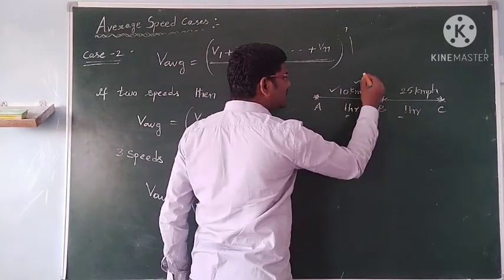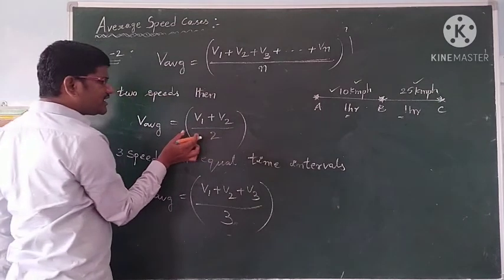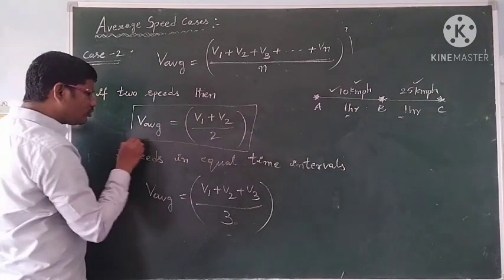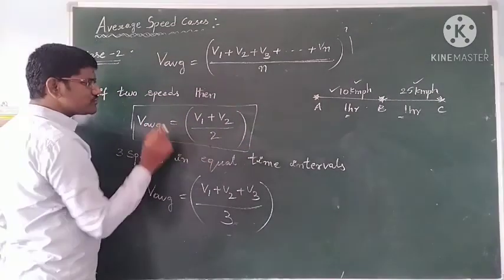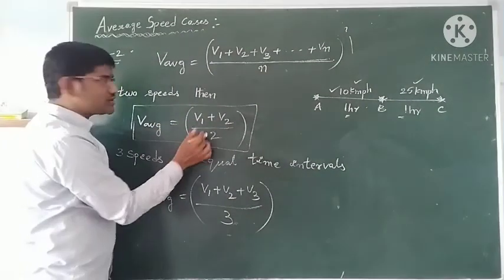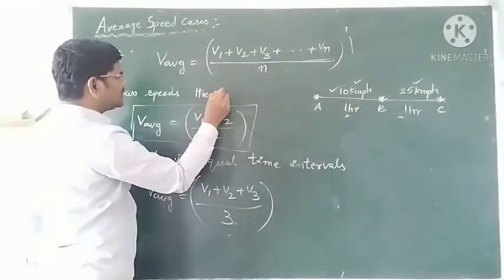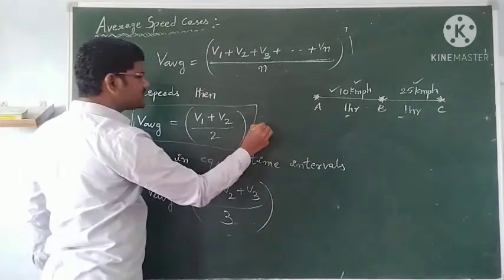Same time intervals, different speeds, then the average speed formula is V1 plus V2 by 2.